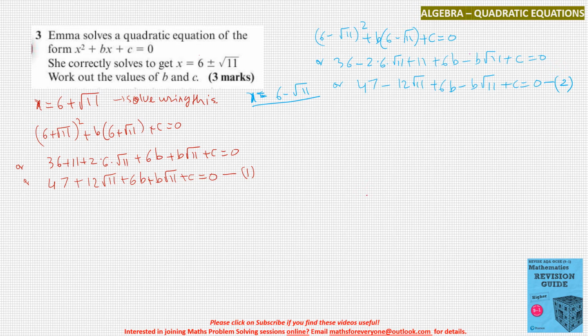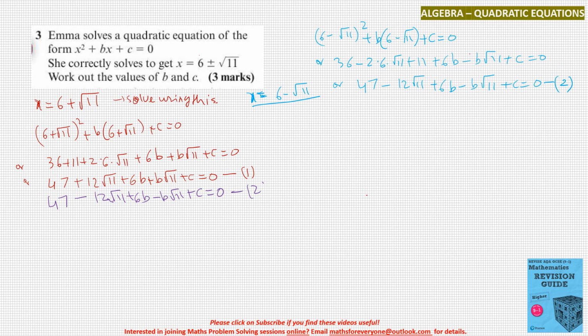Okay, now if I write the equation 2 here below 1, it will look like 47 minus 12 root 11 plus 6b minus b root 11.